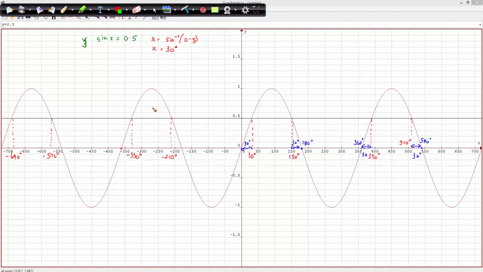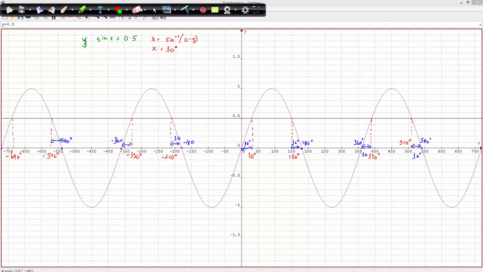Now I've done the same thing over here but in the negative direction. So we've got these points here, which are negative 180 minus 30 degrees in that direction, negative 360 plus 30, negative 540 minus 30, and this point negative 720 plus 30.